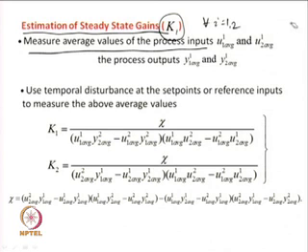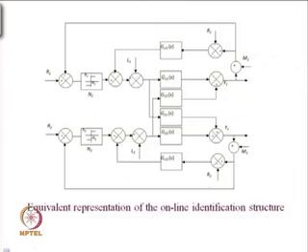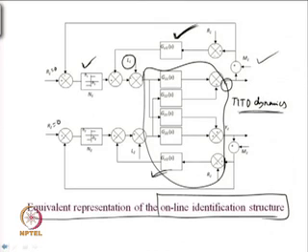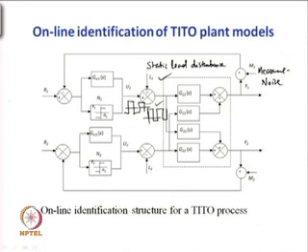Where are those U11, U21? You see what the process inputs and outputs are. If you go back to the model, we have the input U1 and output Y1. Similarly, input U2 and Y2, the second output.